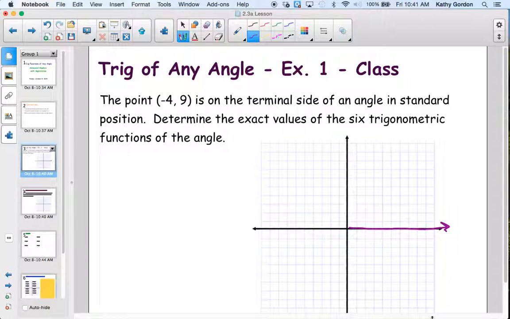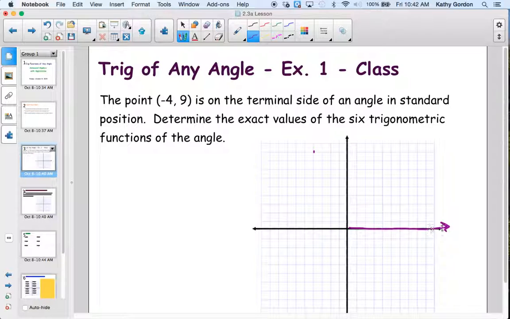Plot the point -4, 9. Okay, and then just try to sketch as best you can what that angle is going to look like.